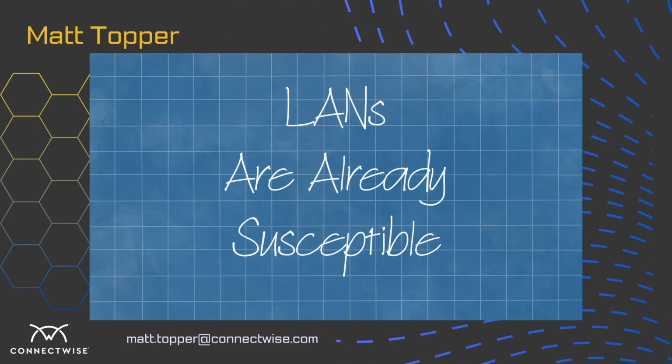Anyway, the threat model isn't really any different than if you were on a LAN and able to see other traffic through ARP poisoning or any other type of shared medium attack.